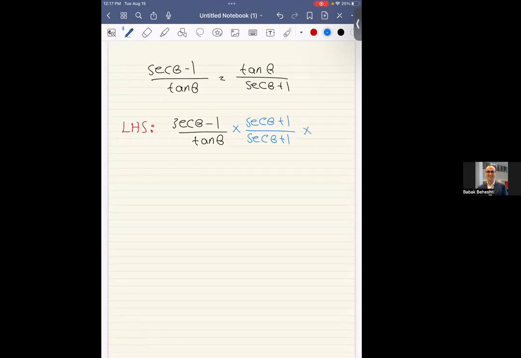And then multiply again by that's right. So these two blue things are just one.